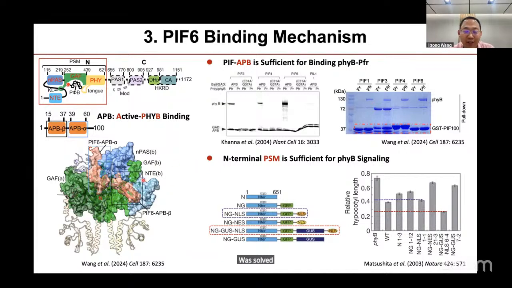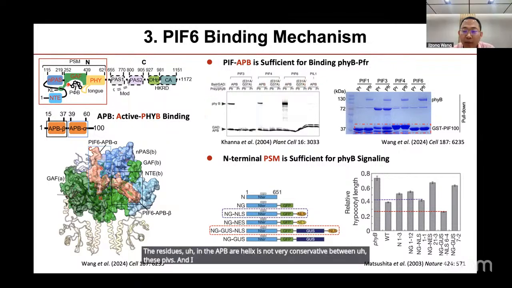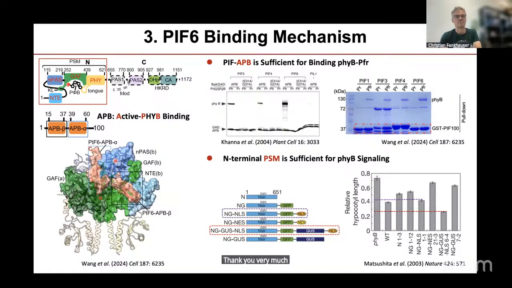The structure is as shown in this. And I want to say the residues in the APB alpha helix part are not very conserved between these PIFs. And I thought maybe this part determines more probably more modes of 5B PIF complex. Thank you very much.